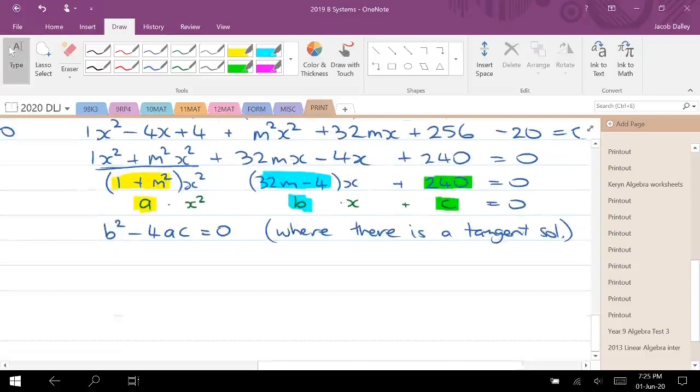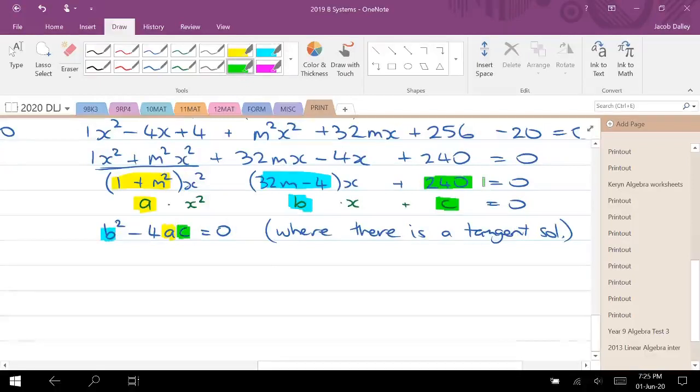So what we're going to do is take our A, our B, and our C from above and drop them into our tangent condition.